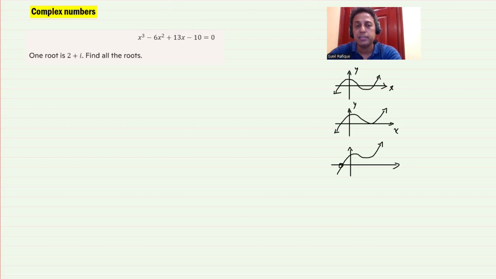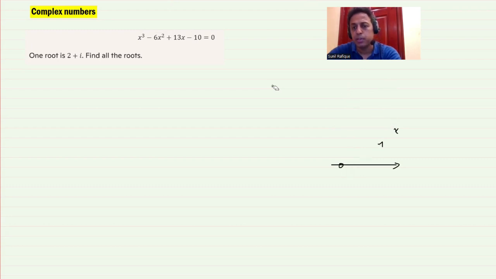Since it is above the x-axis, the other two roots are imaginary, right? I hope you get the idea. So if you're not familiar with cubic curves and graphs and haven't sketched them before, take some time and practice those as well.